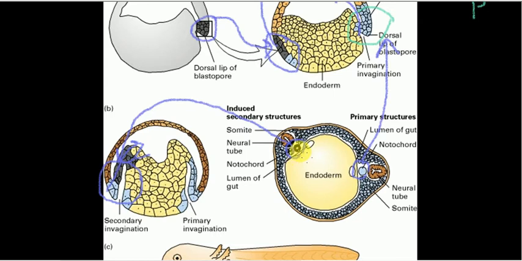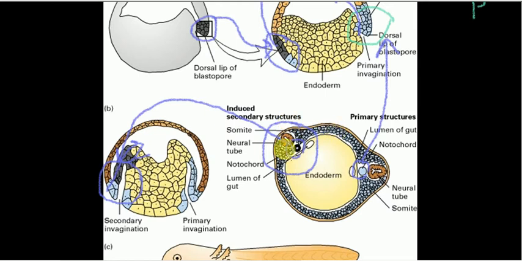So this embryo is supposed to have one notochord, but instead it now has two notochords, just because another dorsal lip of the blastopore has been implanted over here.